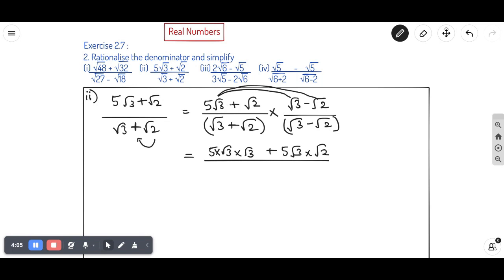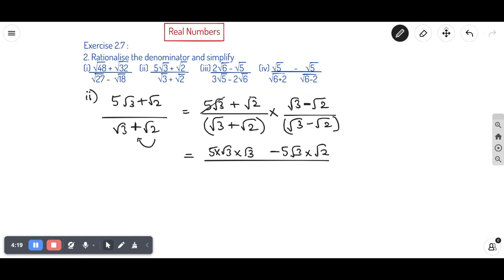Here, if you could see, this root 2 has a minus. So you can't put your plus symbol over here. Put the minus. You are done with this 5 root 3. Now you have to do for root 2. So what you can do here is just multiply this root 2 with root 3 and this root 2 with minus root 3.